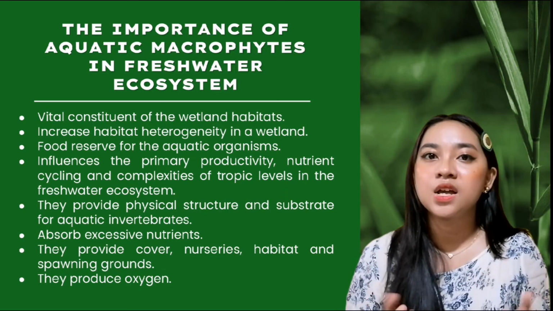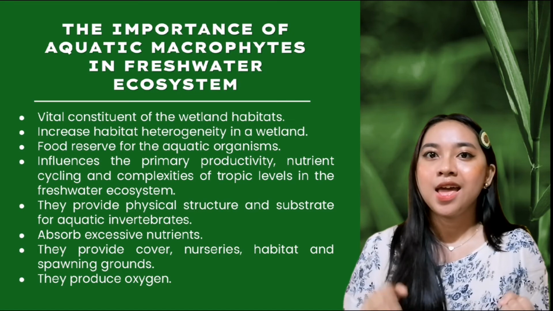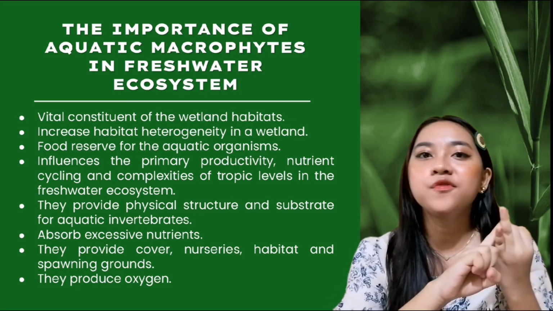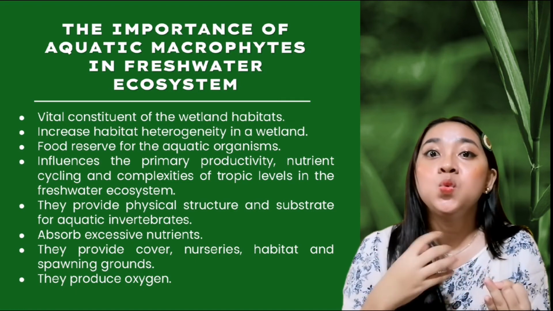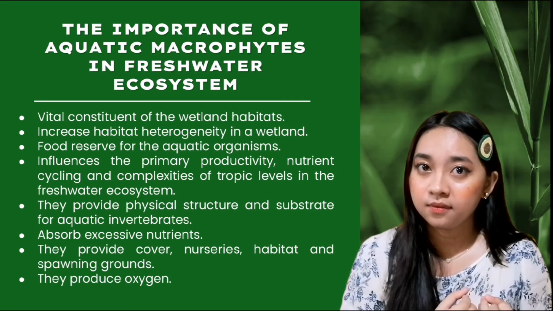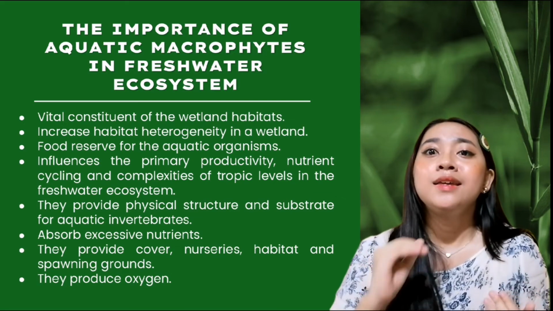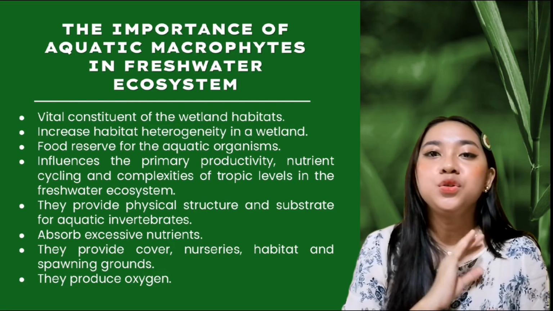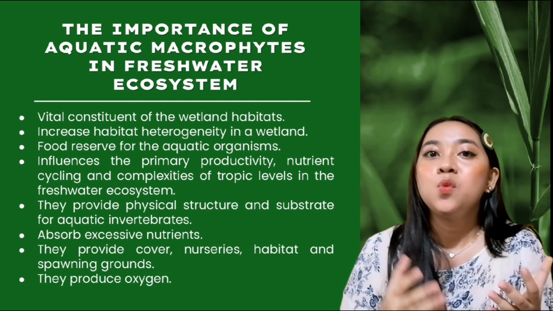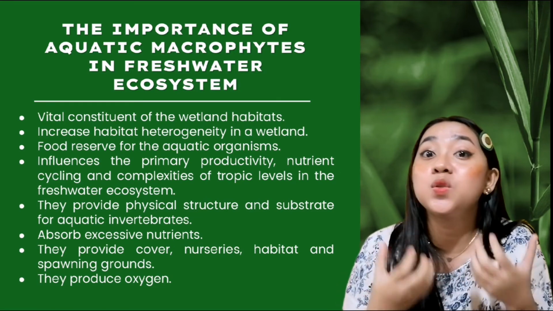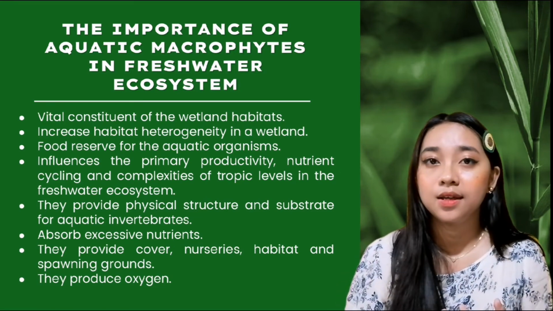They provide physical structure and substrate for aquatic invertebrates, harvest aquatic insects, which serve as food for fishes. They have the aptitude to absorb excessive nutrients from the water with their effective root system and help improve water quality.